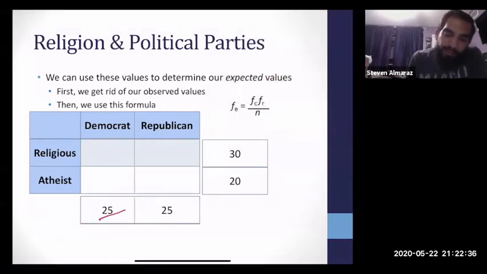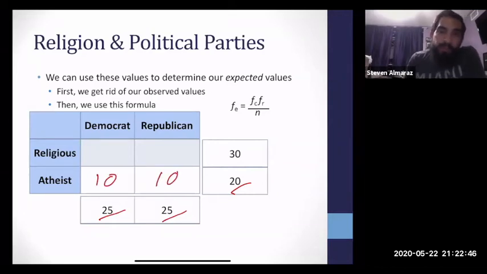So we have a 50-50 split between Democrats and Republicans, and we've got 20 atheists. So 10 and 10. Same thing for religious people. We've got 30 religious people and a 50-50 split between Democrats and Republicans. So we just do 10, 10, 15, 15.